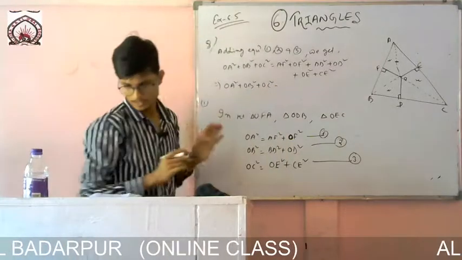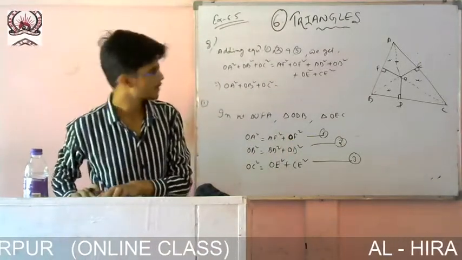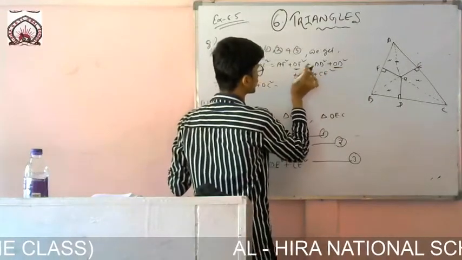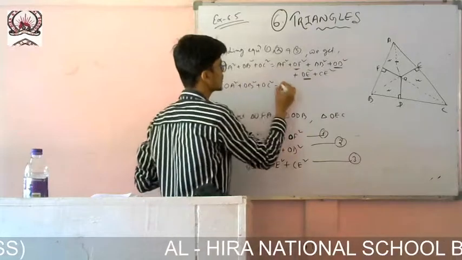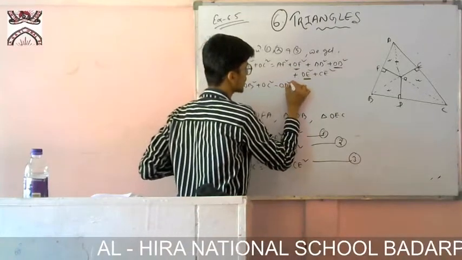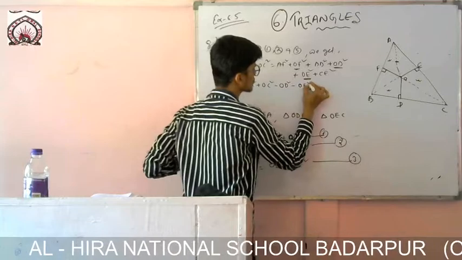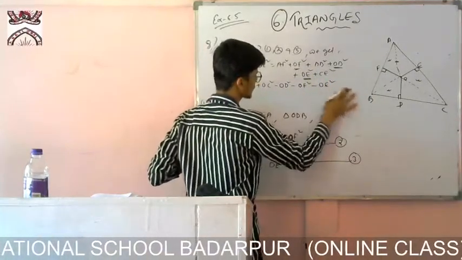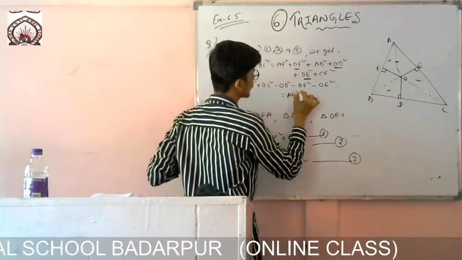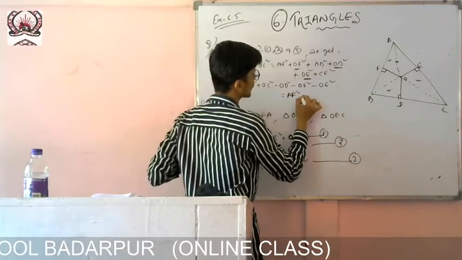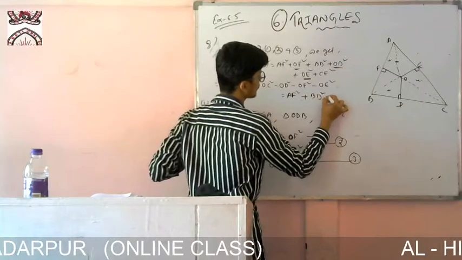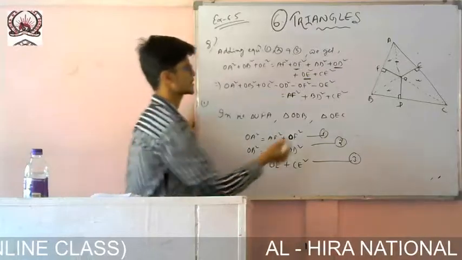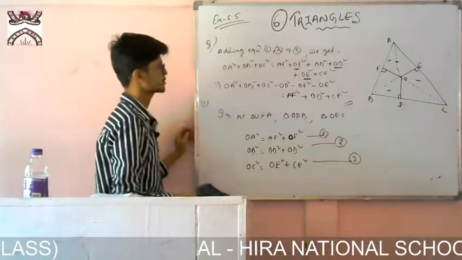Then OD, OE and OF: if I bring these to this side, it will be minus OD square minus OE square minus OF square, and on the other side is left AF square plus BD square plus CE square. Now match with your answer. Finished. The first one up to this much we have proved.